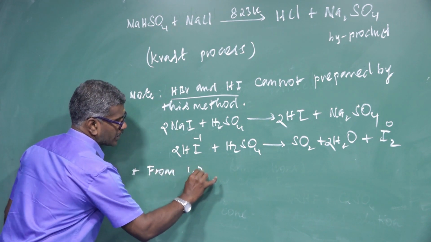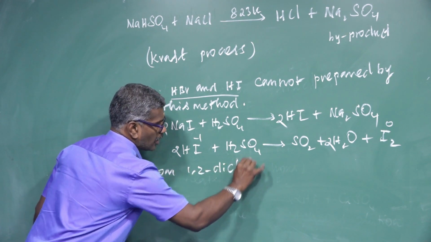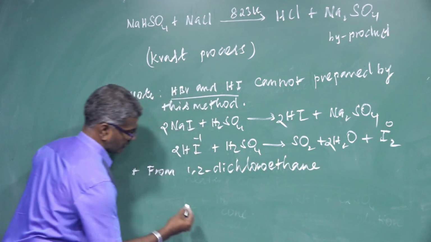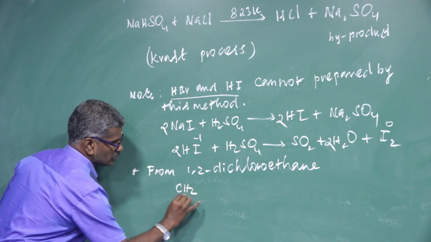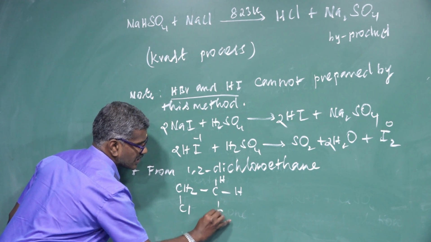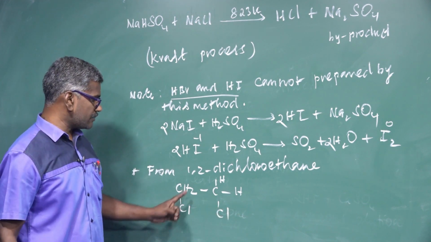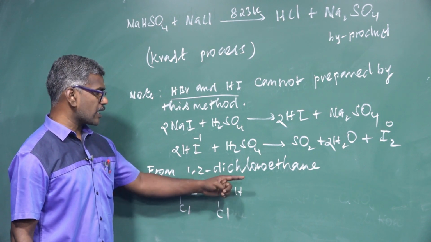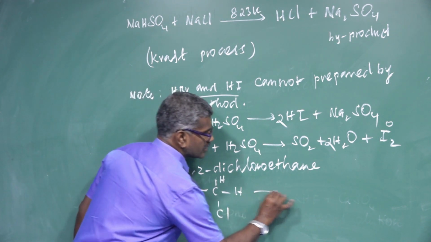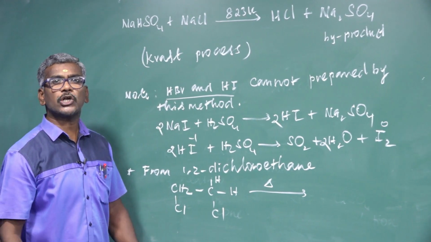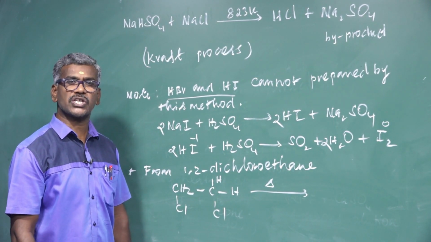Another method, from 1,2-dichloroethane. Here CH2Cl-CH2Cl. The common name is ethylene chloride. The IUPAC name is 1,2-dichloroethane. This is heated, which is nothing but dehydrohalogenation. What is dehydrohalogenation?